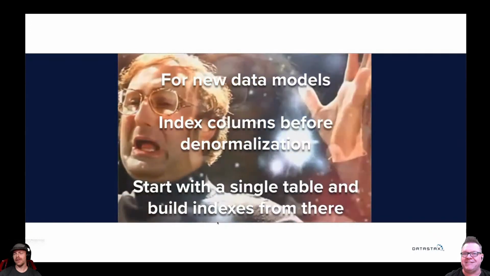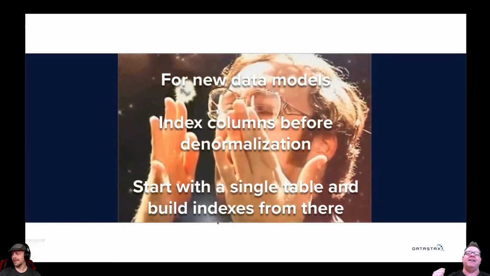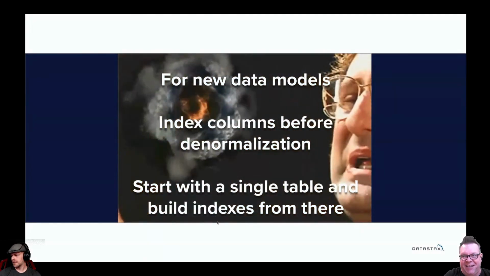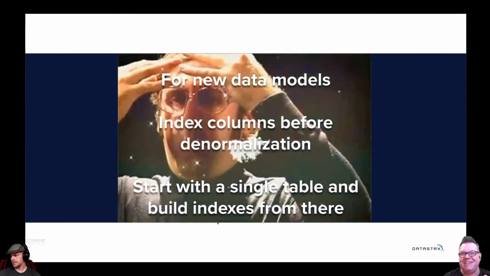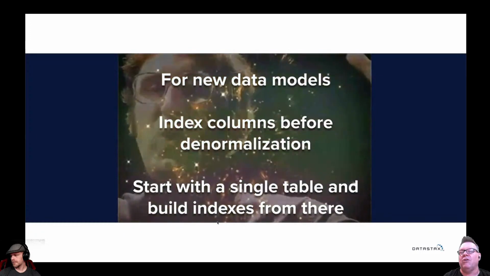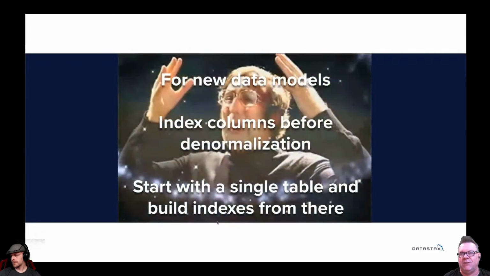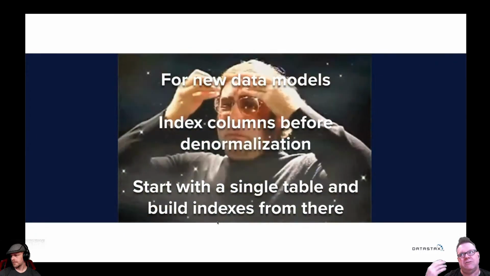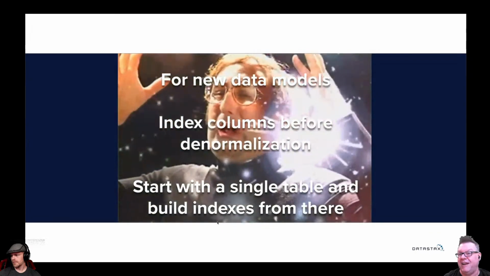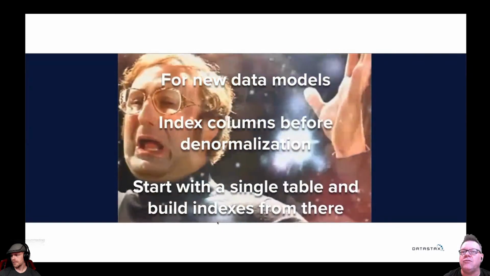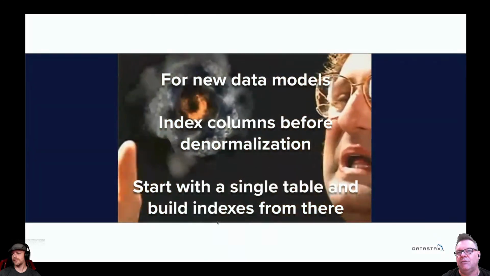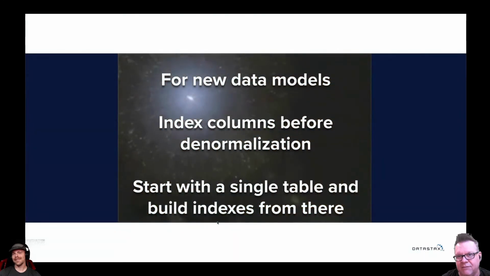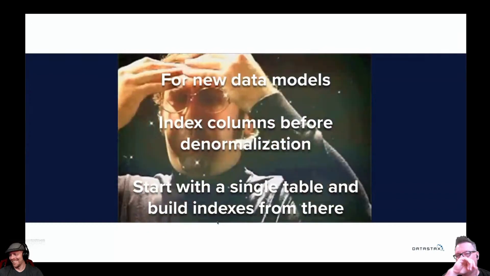So that means starting with a single table, like that user table, and building the indexes on that table before denormalizing into multiple. If you're doing a state lookup, country lookup, whatever the normal thing that I tell you to do, try secondary indexing first. And we'll just let that sit there and blow your mind for a minute.